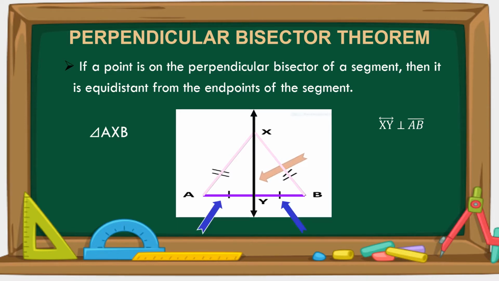So, line segment YA is congruent to line segment YB, which means YA and YB have equal measures. Since any point on line XY is the same distance from the endpoints of line segment AB, then line segment AX is congruent to line segment BX.